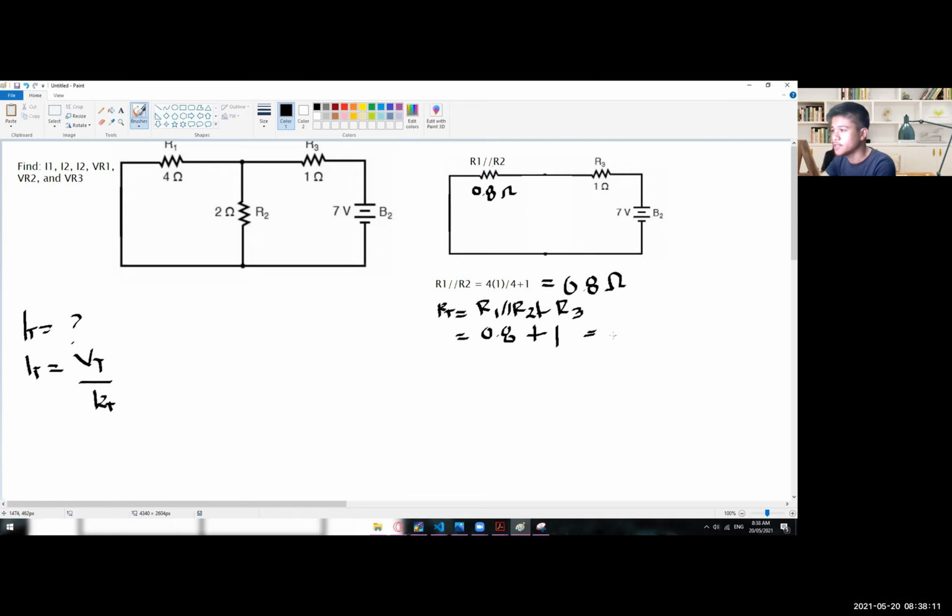So for the R total, we have here 1.8 ohms. Now that we have the value of R total, we can solve for the value of total current. So V total is 7 volts. So 7 divided by 0.8 is equal to, so we have here 8.75 amps.